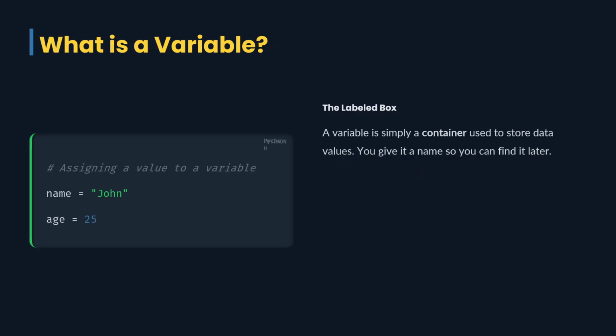The first one is variable. What is a variable? A variable is nothing but a labeled box or a container. Imagine you have different containers at home. One container stores rice, another container stores sugar, a third container stores water, and another container stores toys.